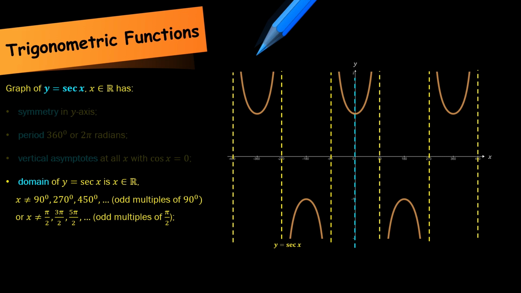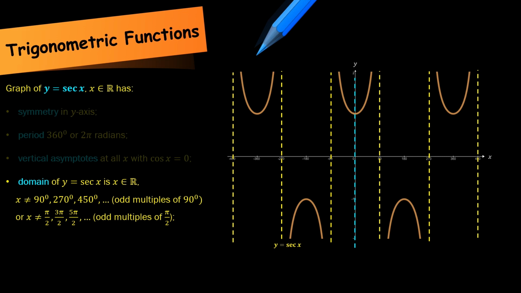The domain of y equals sec x is x in the real numbers, with x not equal to 90 degrees, 270 degrees, 450 degrees, and so on. In other words, all the odd multiples of 90 degrees. In radians, x will not be equal to pi over 2, 3 pi over 2, 5 pi over 2, and so on.